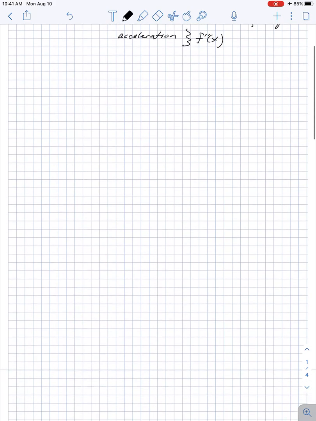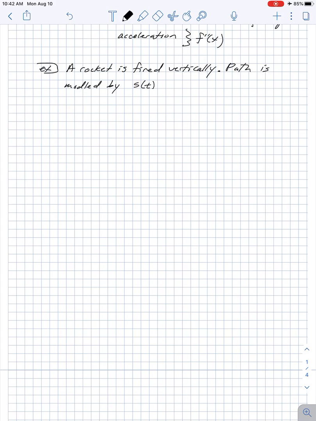I'm going to do one example to get you started. A rocket is fired vertically. The path, remember we talked about the original function is often the position function. So the path is modeled by this function, s of t.